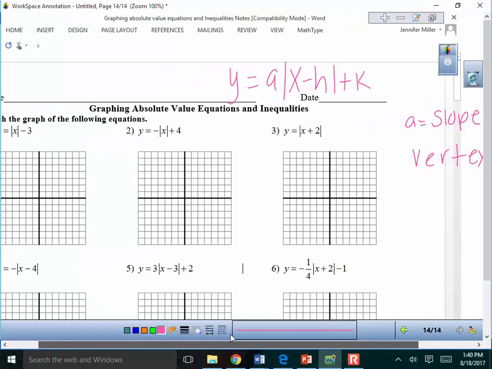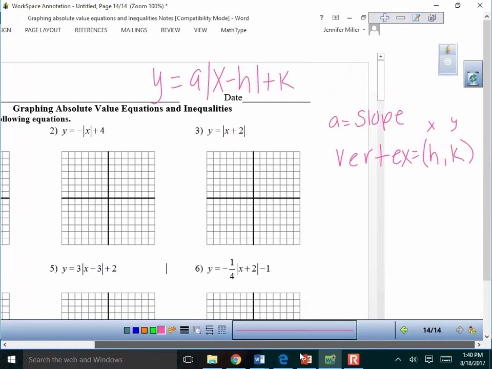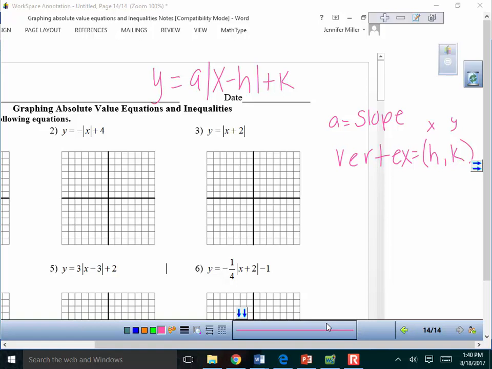Okay? So, I guess I could have put that all in. So number one, what is our vertex? Raise your hand if you can tell me. You want me to go back? The vertex is (h, k). Because the number you're subtracting from x is the x coordinate of your vertex, that's your h, and the number on the outside is k.